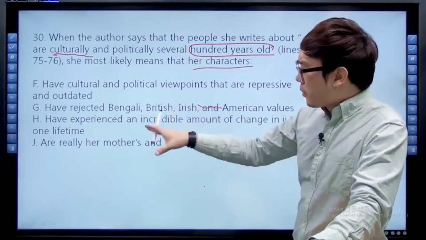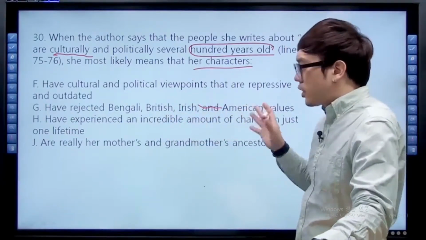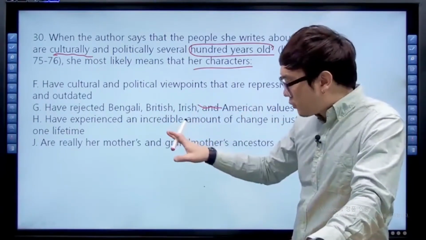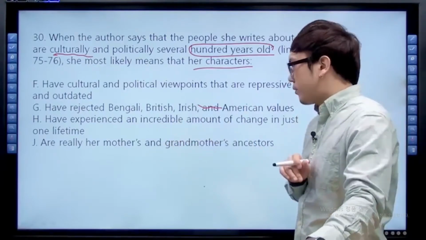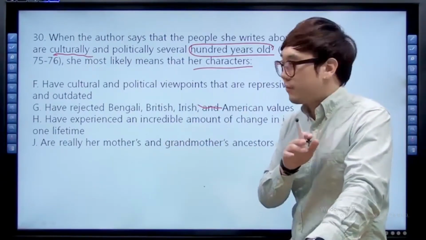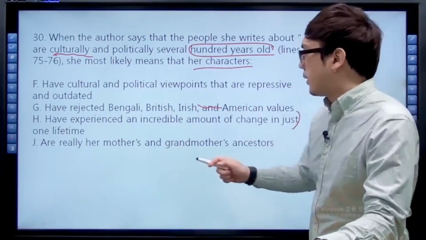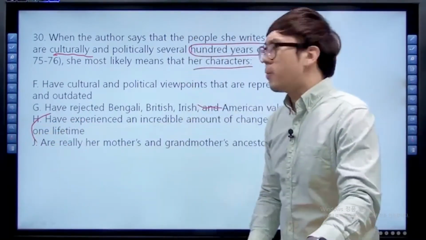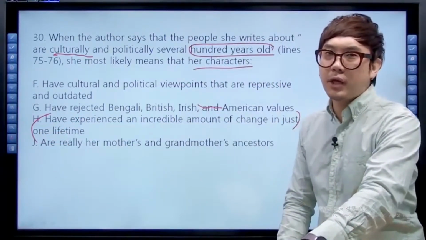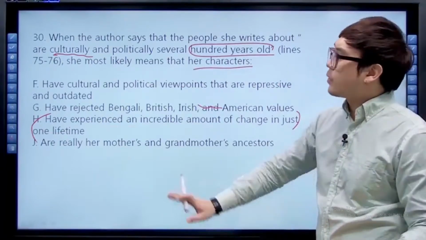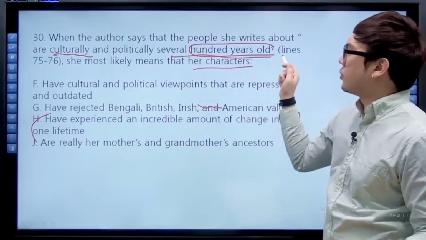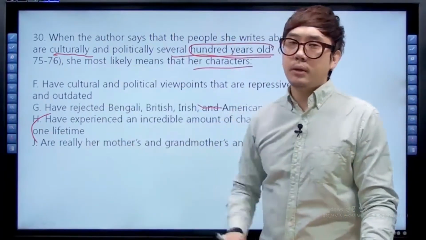Or is it they have experienced an incredible amount of change in just one lifetime? Or is it they are really her mother's and grandmother's ancestors? So you're only given this choice, right? They have experienced an incredible amount of changes in one lifetime. And that's why she's saying that they're several hundred years old culturally and politically, right?